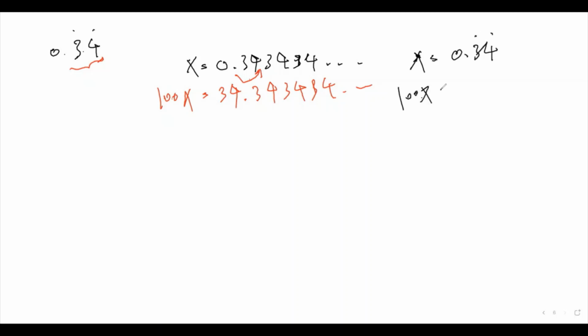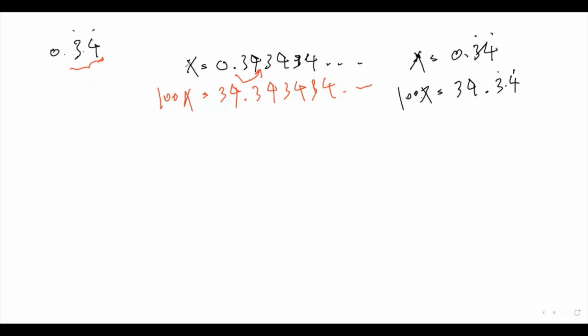So 100x is equal to 34 point with the repetition of 34. It's the same thing, these 2 steps, but I just expanded it so you would see easily what happens next.